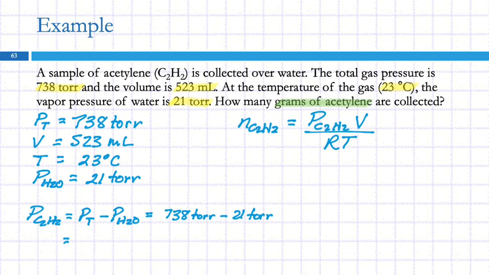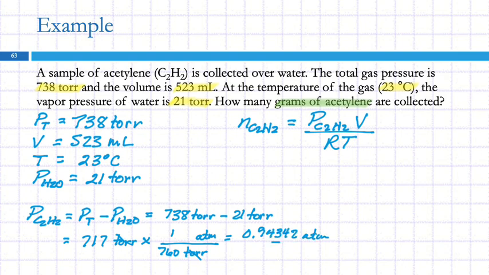So 738 minus 21. Is torr a good unit for the ideal gas law? No. Need to convert this to atmospheres. Atmospheres.